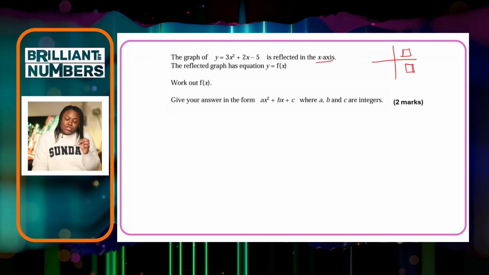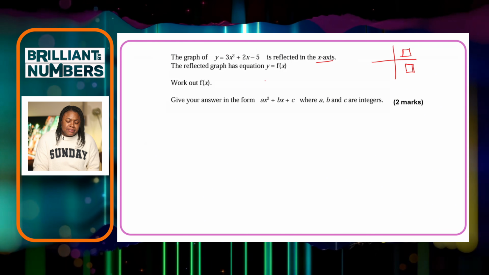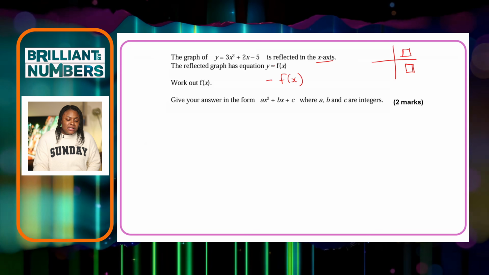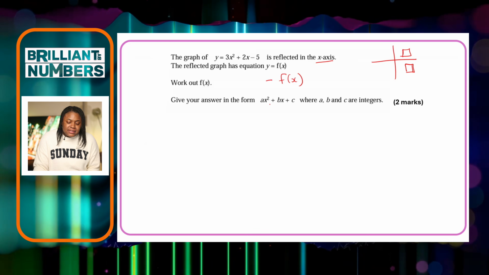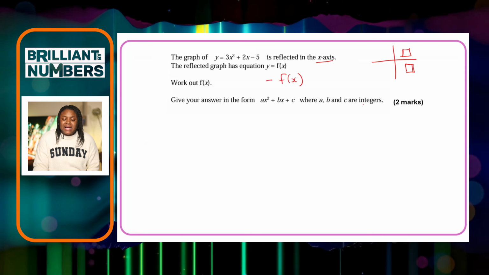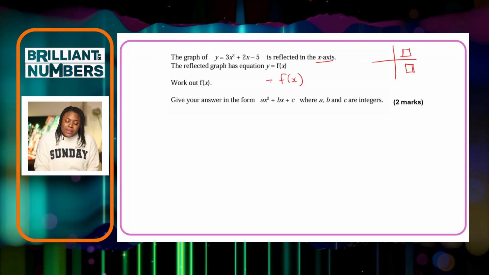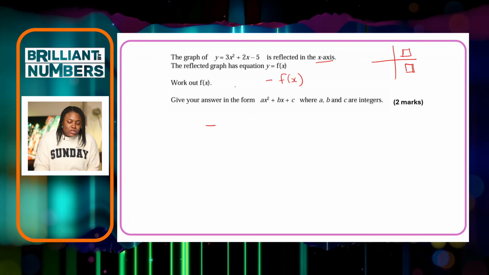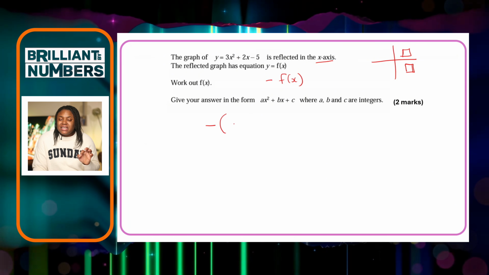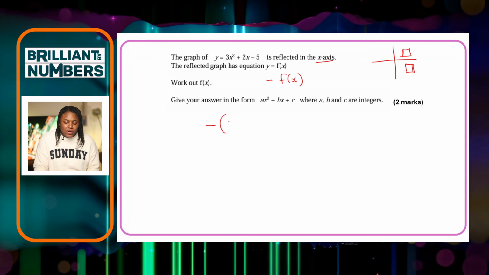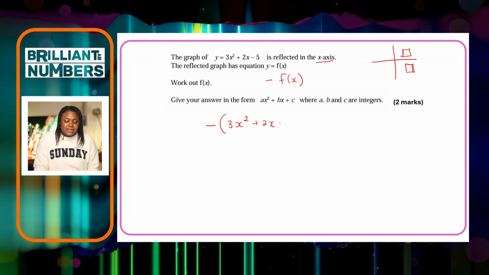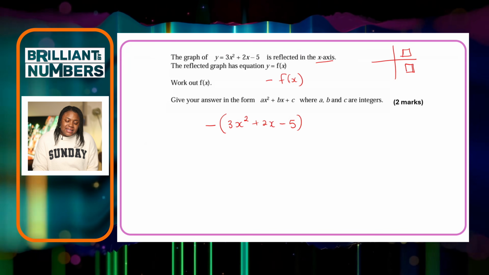Because it's reflected in the x-axis, we will have minus f of x. Work out your answer in the form ax squared plus bx plus c, where a, b, and c are integers. All we simply need to do is multiply the expression we already have by minus 1, because the coordinates are going to become the opposite of what they are. So for this question, it is 3x squared plus 2x minus 5, reflected in the x-axis.